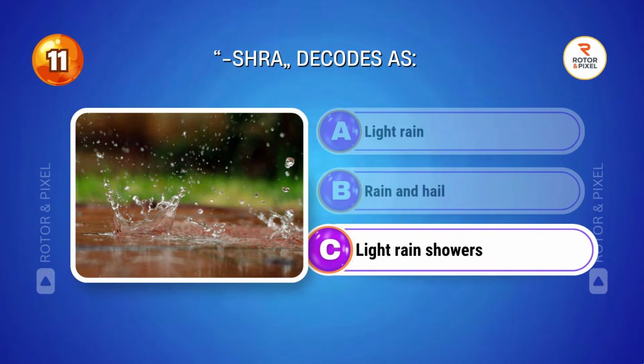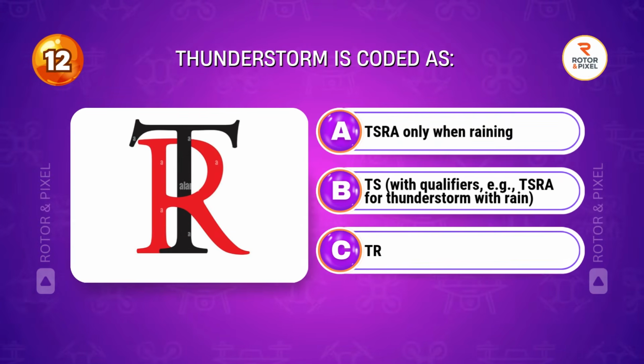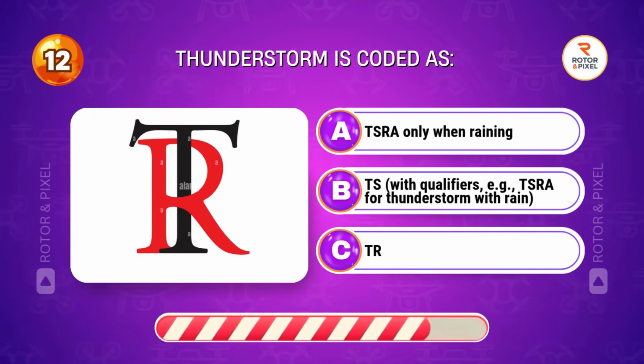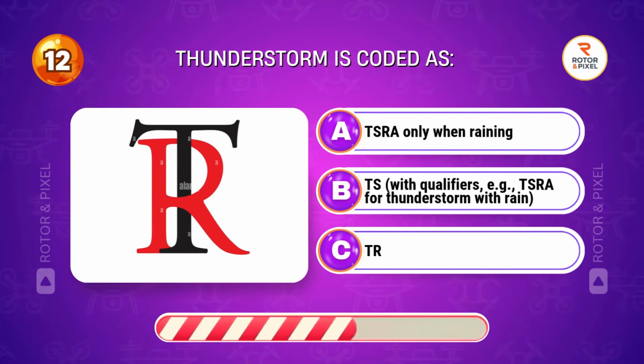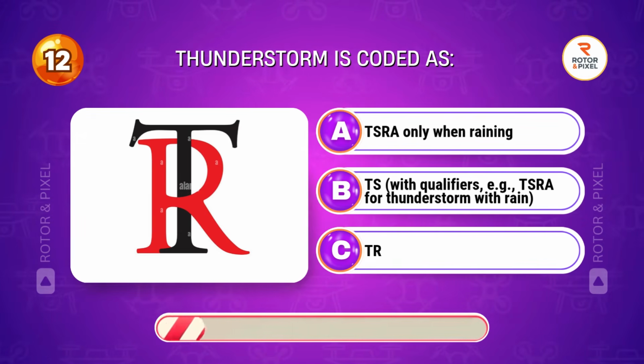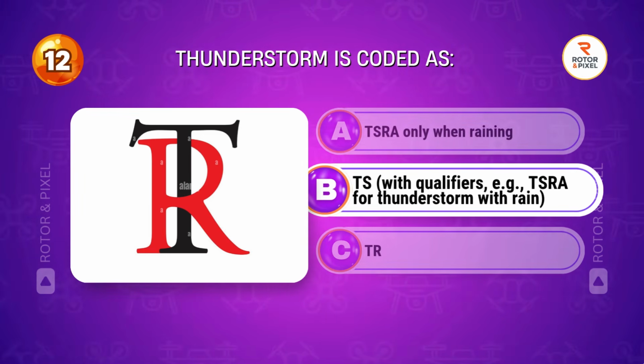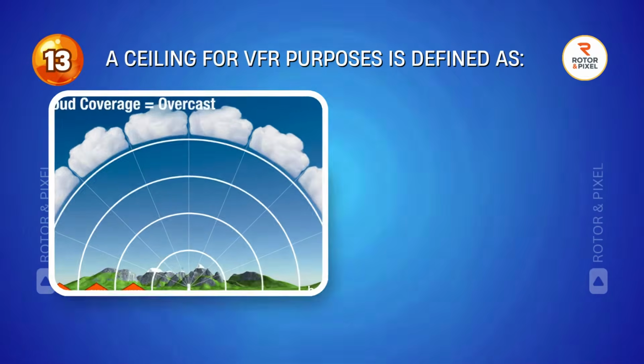Answer C, light rain showers. Thunderstorm is coded as? Answer B, TS with qualifiers, e.g., TSRA for thunderstorm with rain.